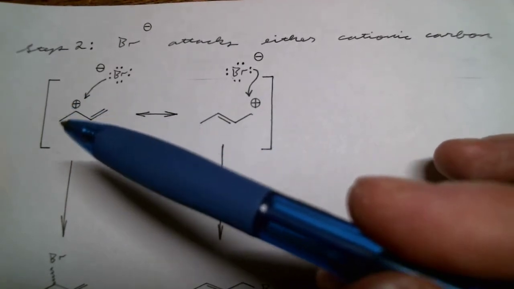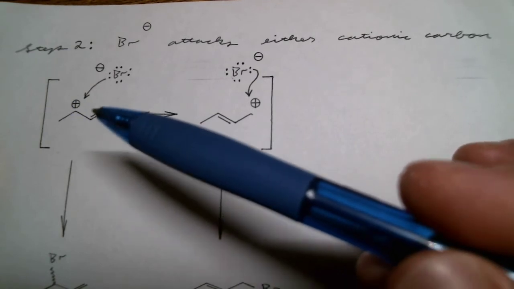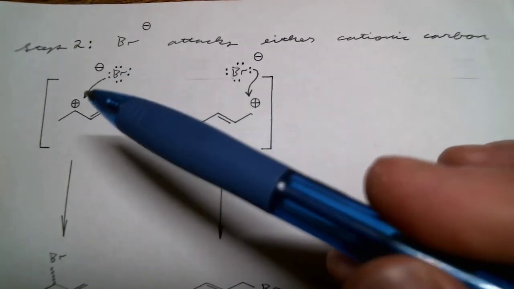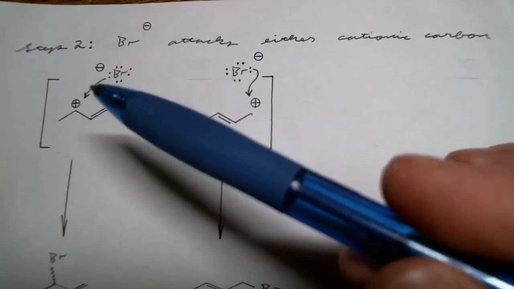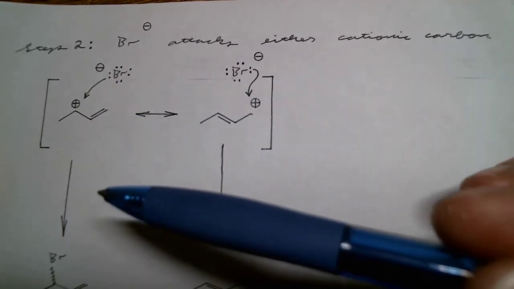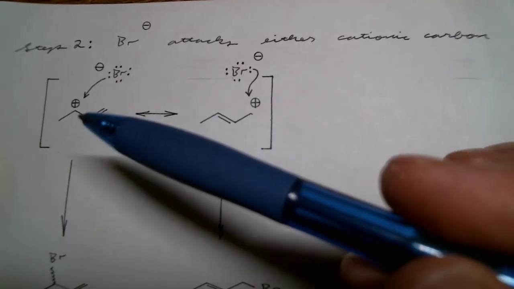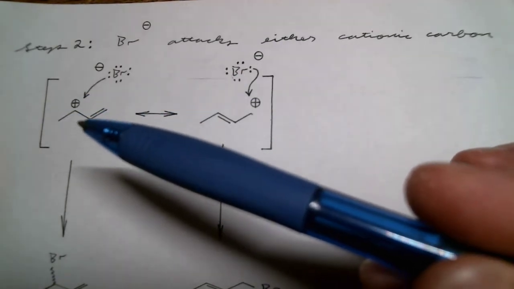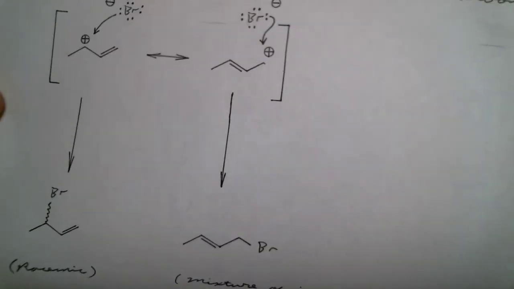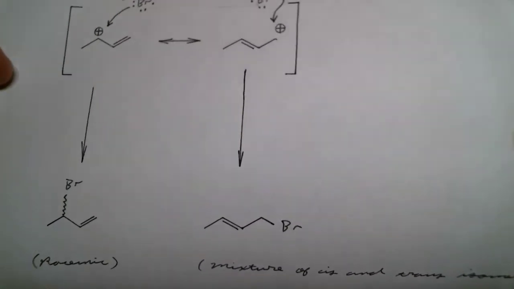So this is more stable in terms of an intermediate, which means there's a lower activation energy pathway for our bromide anion hitting this when the reaction is under kinetic control. That's why we get 70% of this product, right, racemic, under kinetic control.